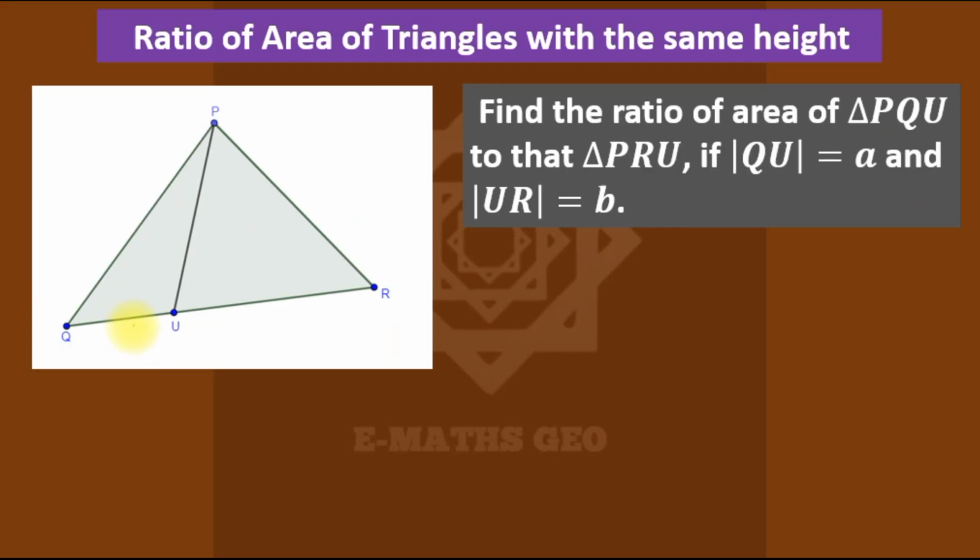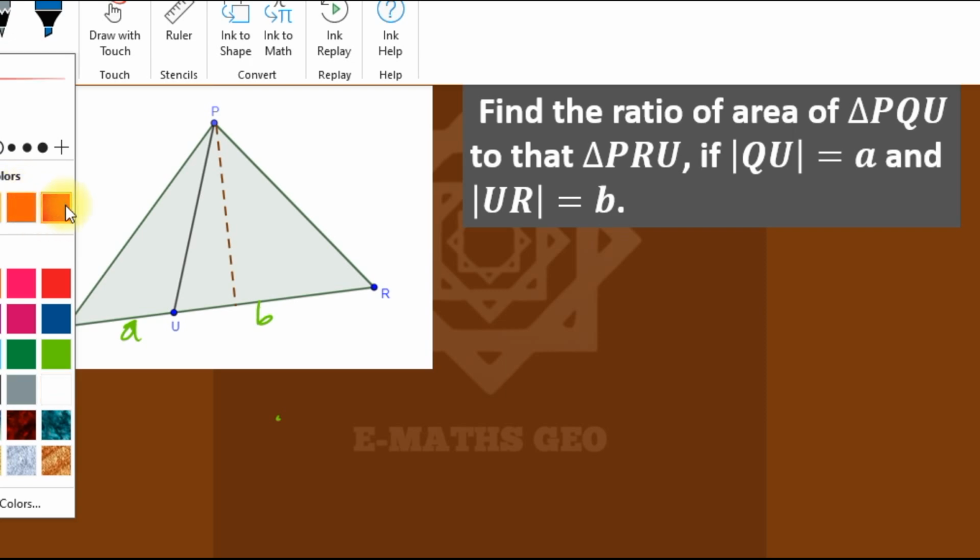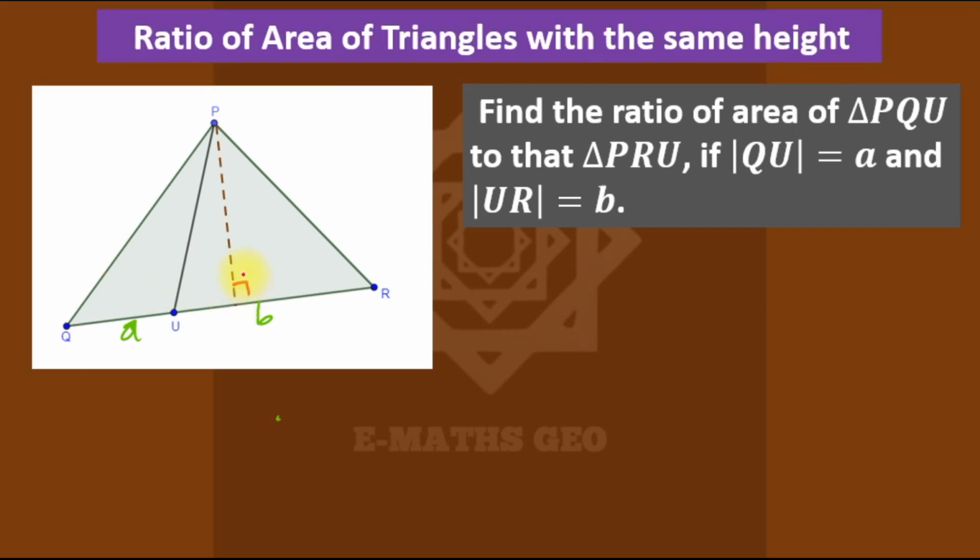We'll call here A, we'll call here B. Let's add an auxiliary line running from P. This is our height, the height of the two triangles. We'll draw a line that is perpendicular to the base.